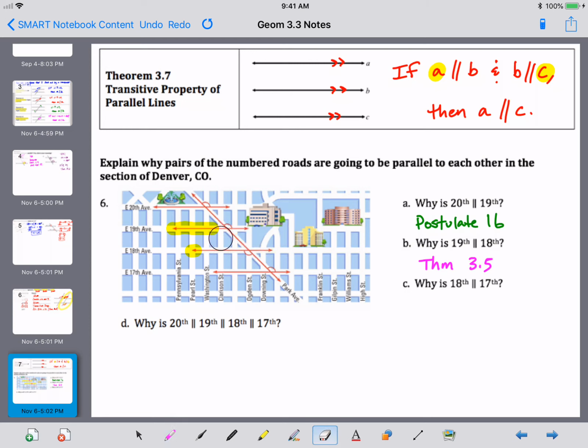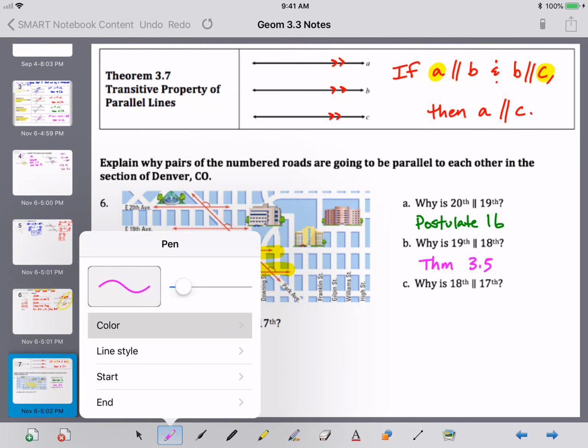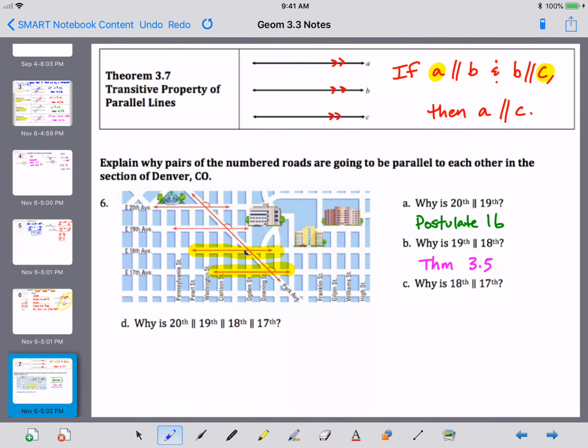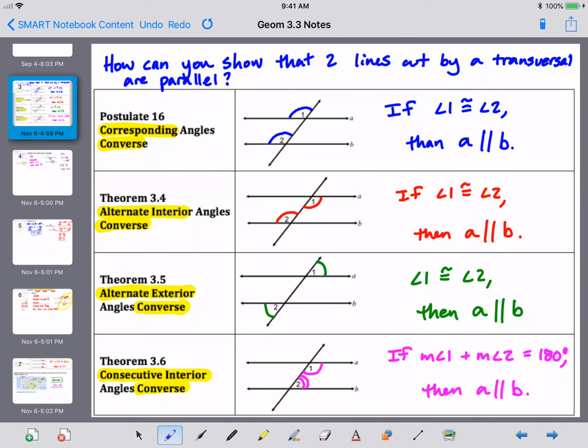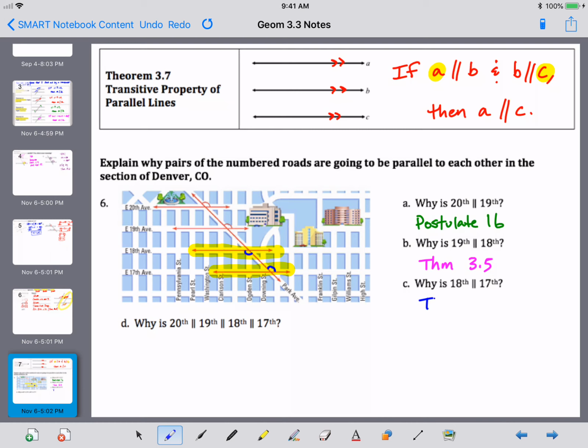Okay, let's look at part C. Why is 18th parallel to 17th? Well, it appears that in this picture, we have two angles that are inside. They're on opposite sides of the transversal, so that's alternate interior angles. So if alternate interior angles are congruent, then A is parallel to B. That is coming from theorem 3.4. So that is the reason we can say 17th and 18th streets are parallel.